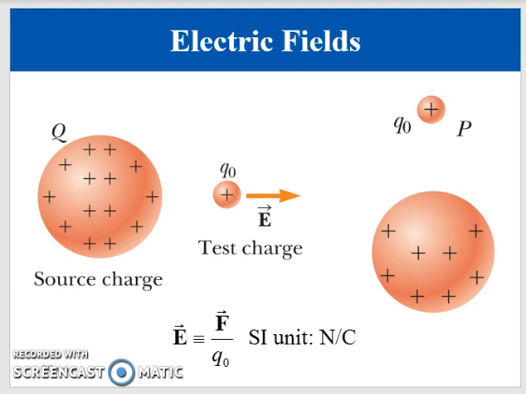If all charged objects have electric fields, then it would stand to reason that these fields are responsible for why the charges feel forces in the first place. And so we define the electric field of our large object Q as the ratio of the force exerted on Q naught divided by the charge of Q naught.